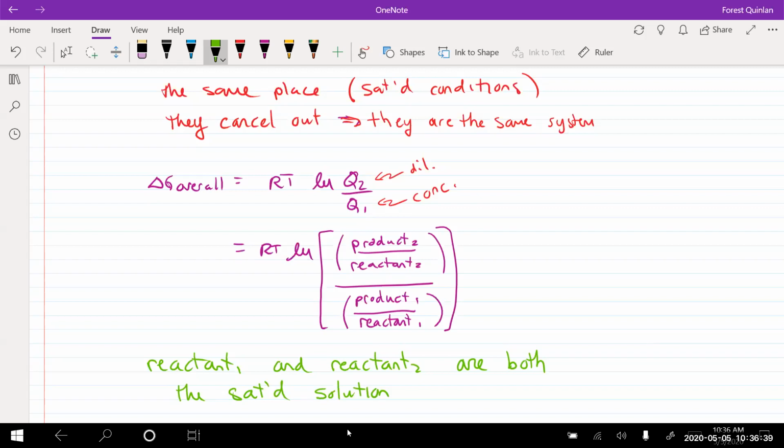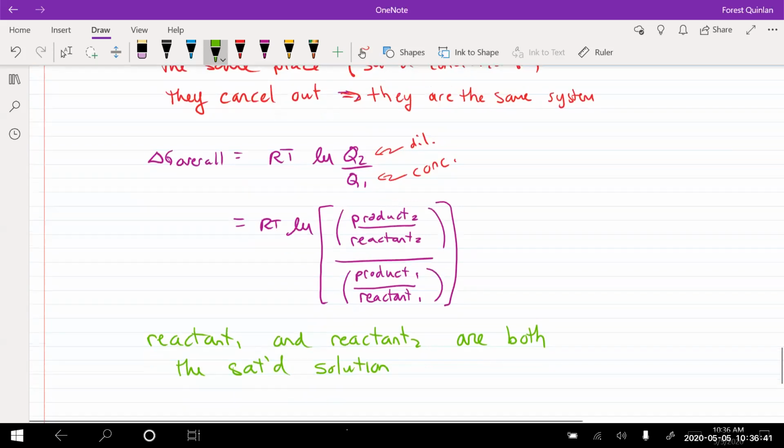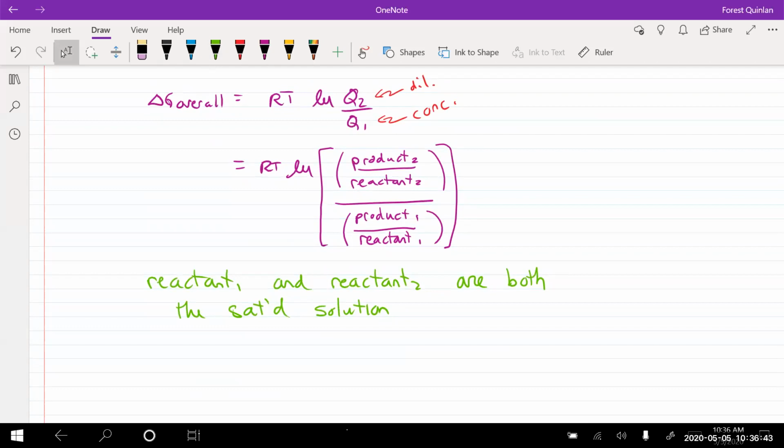Their products are the ions. That's fine. The saturated condition is giving you the saturated amount of ions in solution. The dilute is saying, I started out with the saturated, but I'm going to go down to a lesser number of ions, a lesser number of products. So if that's the case, these two things go away.